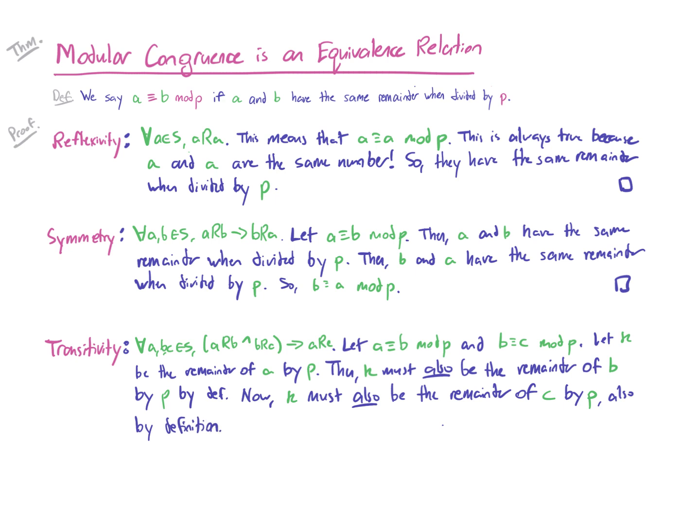But now I've proven that A, B, and C all have K as their remainder, which means that A and C have K as their remainder. It's the same.